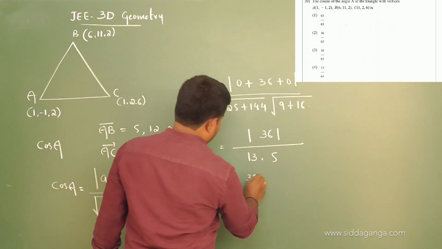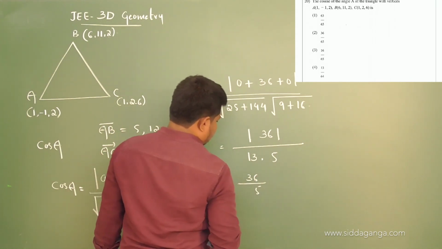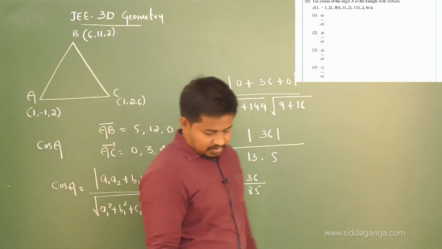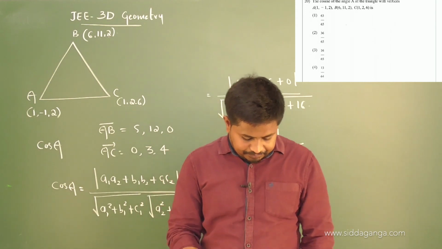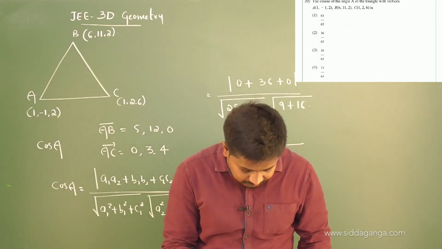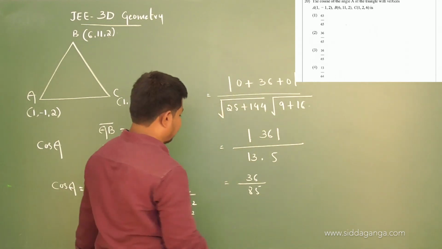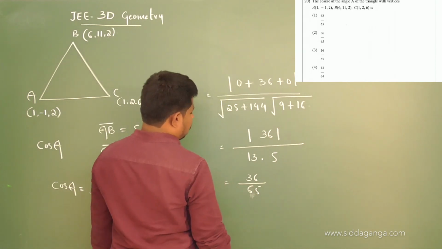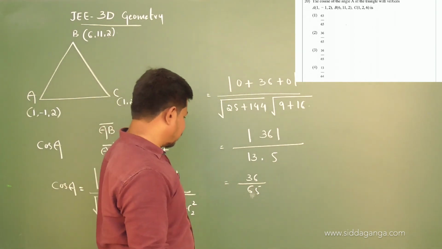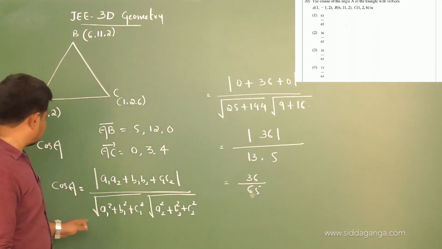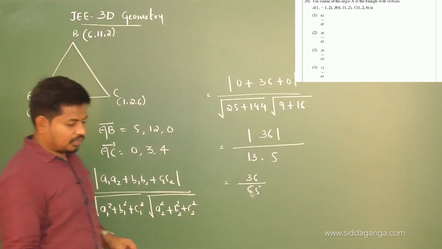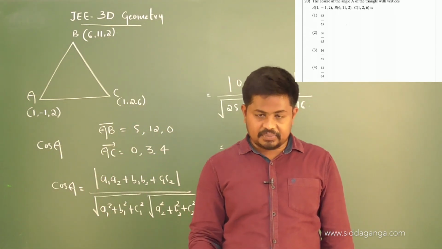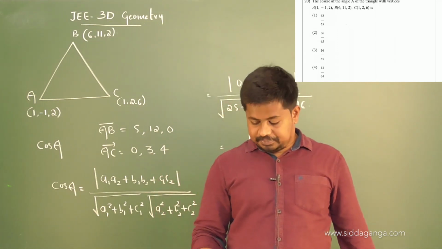So you get 36 divided by 65. That is the answer, 36 by 65, the cosine of the angle between the lines AB and AC. So your option is option number 2, the correct one, 36 by 65.